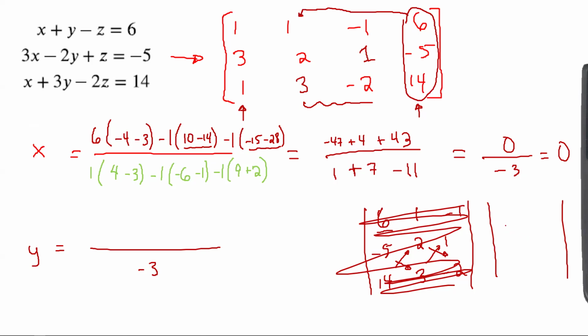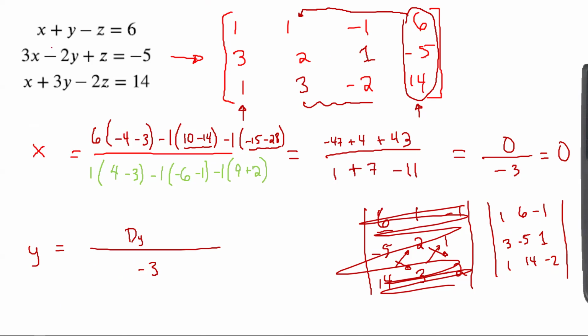And we'd have to take the determinant of 1, 6, negative 1, 3, negative 5, 1, 1, 14, negative 2. Whatever the determinant of that is, I'm going to just call it dy here to save a little bit of time and space. And we get that the same way we have done a couple times now.